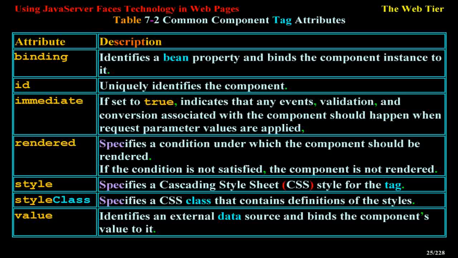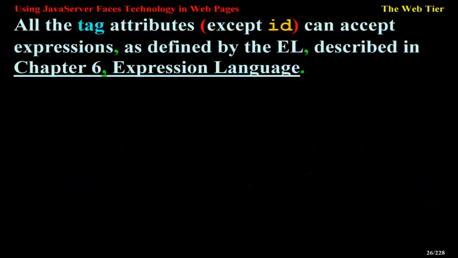Style specifies a Cascading Style Sheet (CSS) style for the tag. Style class specifies a CSS class that contains definitions of the styles. Value identifies an external data source and binds the component's value to it. All the tag attributes except id can accept expressions, as defined by the EL, described in Chapter 6, Expression Language.